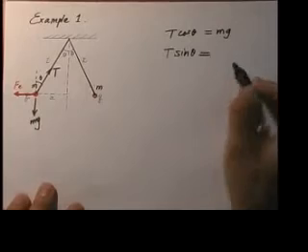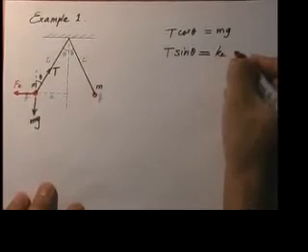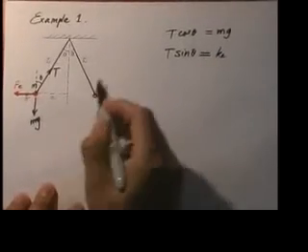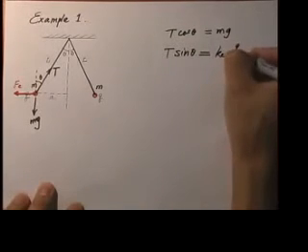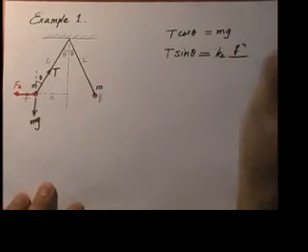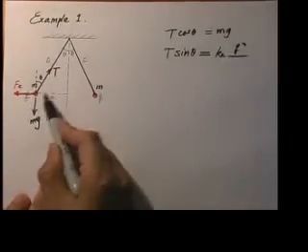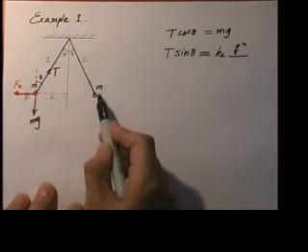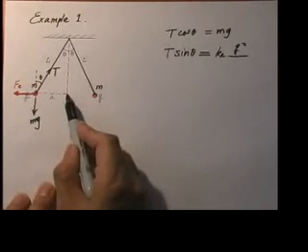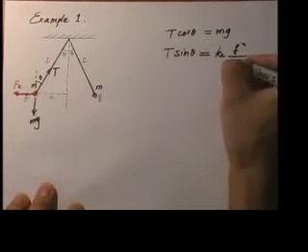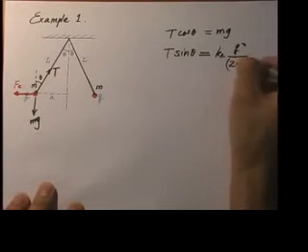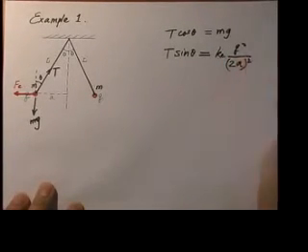Coulomb's law. Ke times what? Q1, Q2, they're both equal to Q, so that's just Q squared, divided by what? The distance squared. Okay, now the distance from here to there, we call it A, so that's 2A, right? That's 2A, squared. There we go.